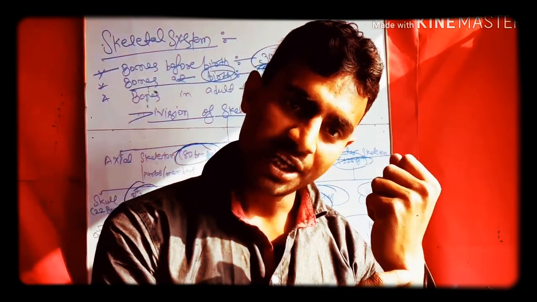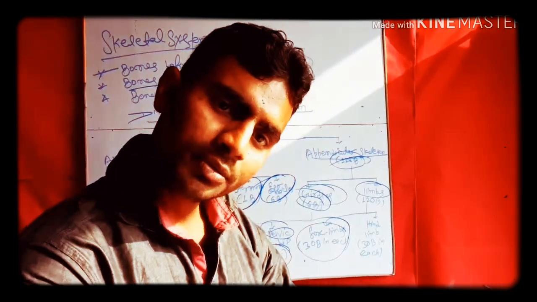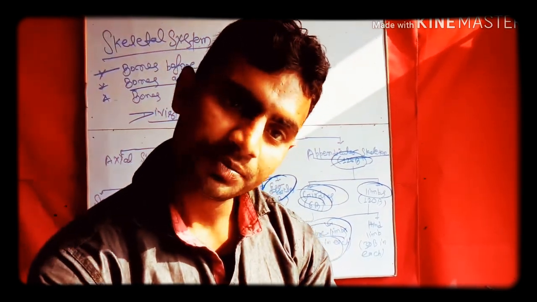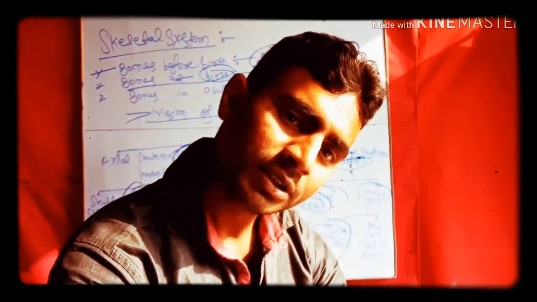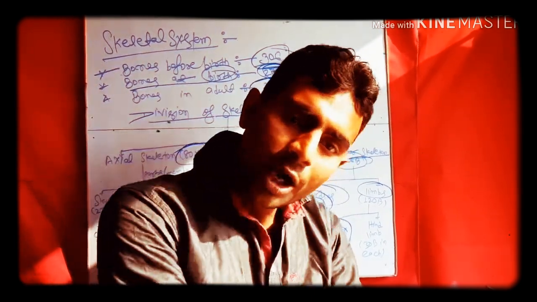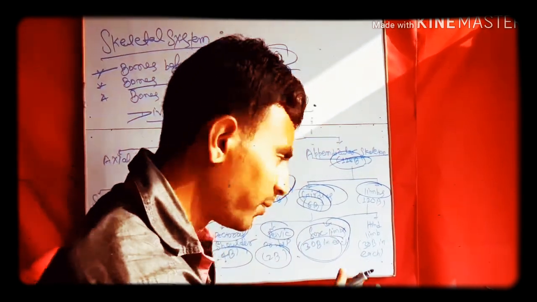By this you can understand that each forelimb has 30 bones. So we have one pair of forelimbs, so we have 60 bones in the forelimb.